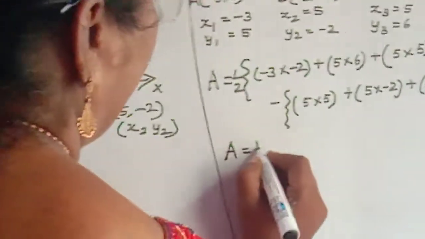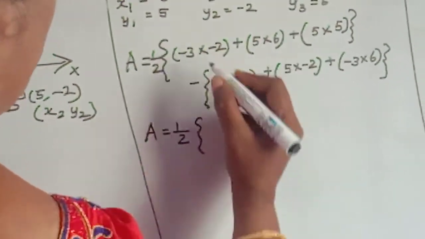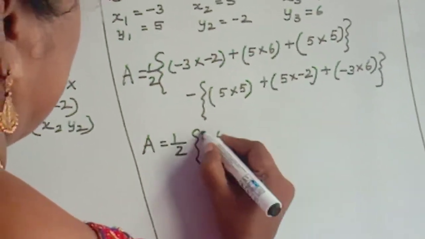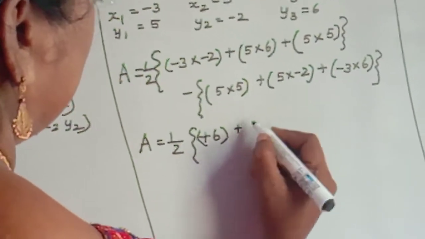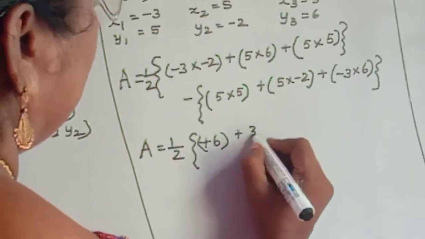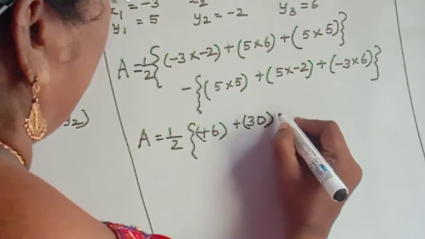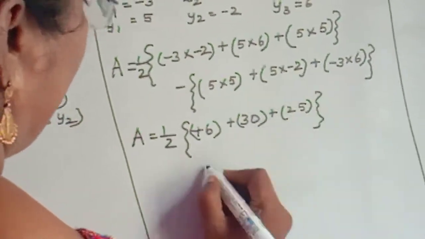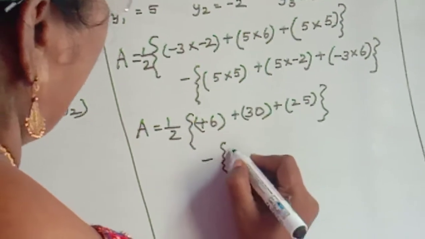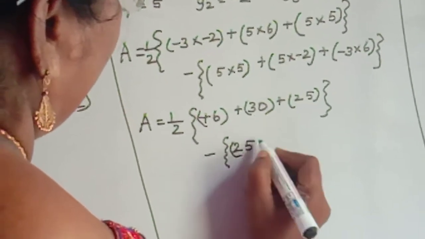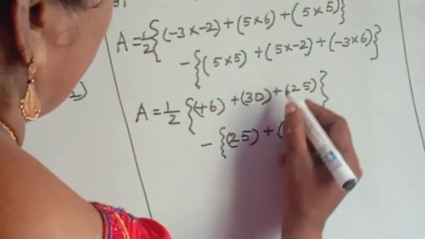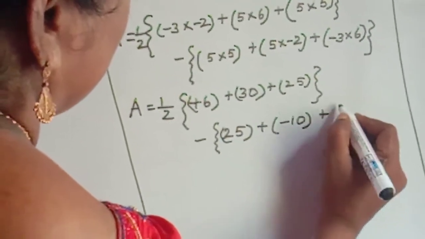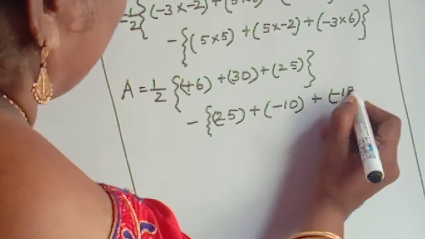So A is equal to 1 by 2. You know minus into minus will give you plus, 3 2s are 6, plus 5 into 6, 30, plus 5 into 5, 25, minus 5 into 5, 25, plus 5 into minus 2, minus 10, plus minus 3 into 6, minus 18.